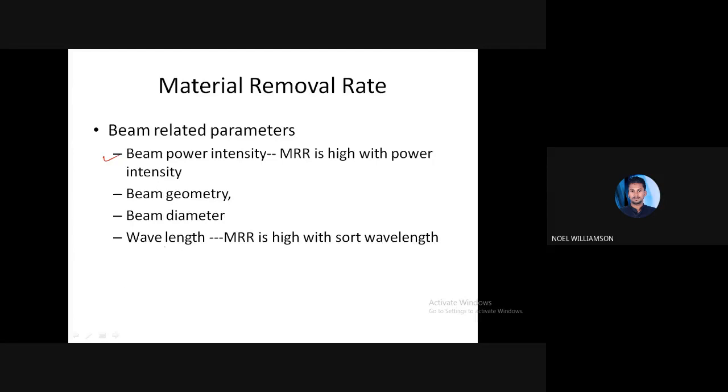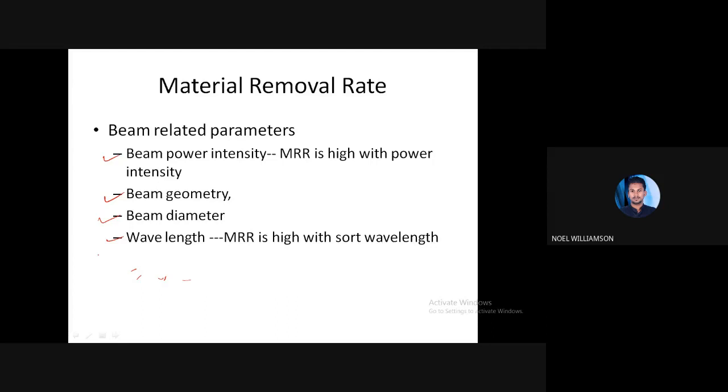The next parameter is the beam geometry, the geometry of the beam. What is the shape of the beam, whether it is circular or any other shape, and its dimension. Then the diameter of the beam, and how it may affect the material removal rate.